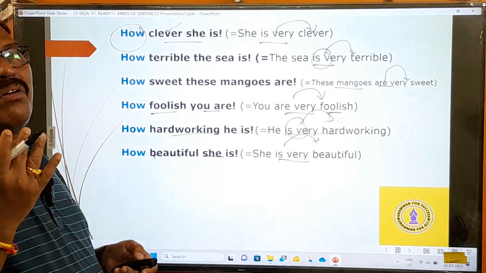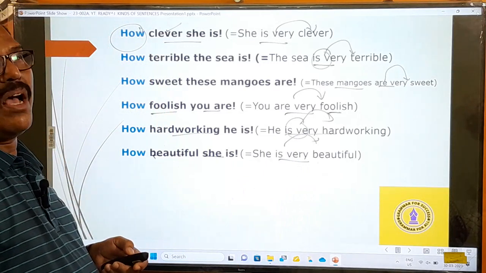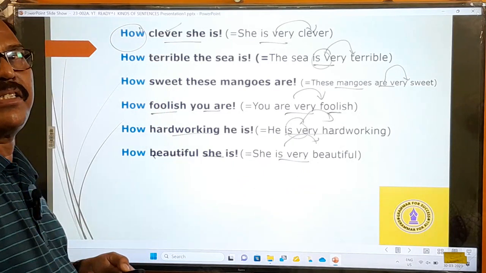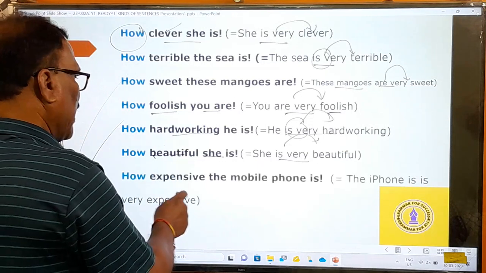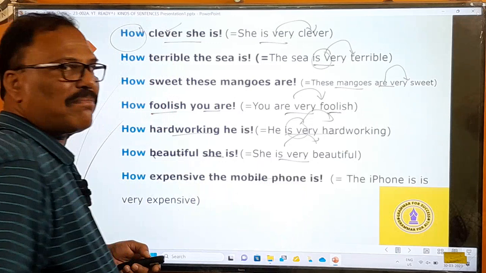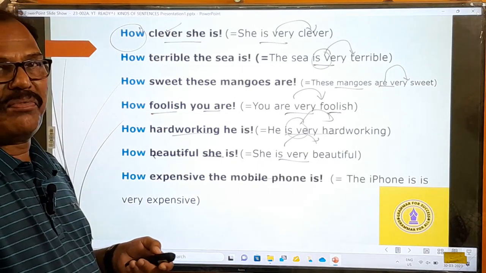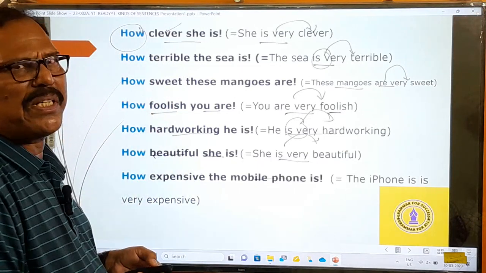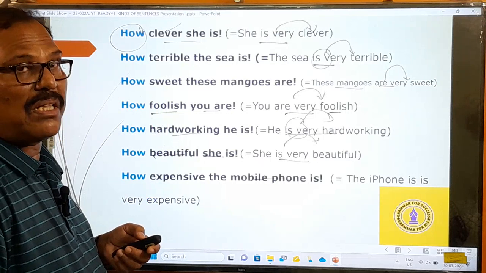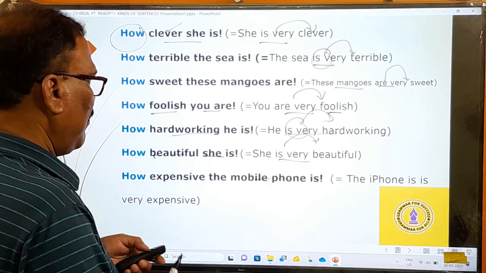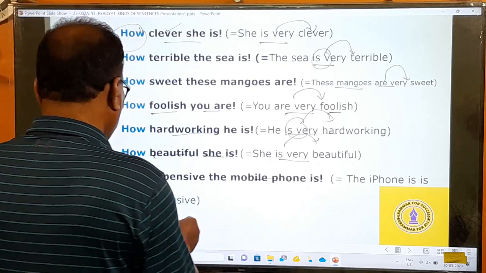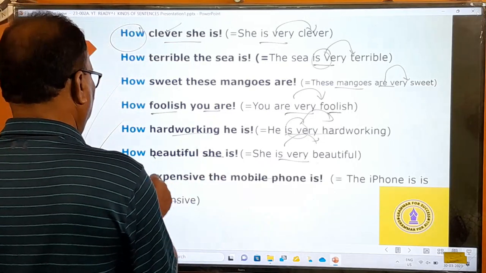How beautiful the Taj Mahal is. And how expensive the mobile phone is. The iPhone is very expensive.